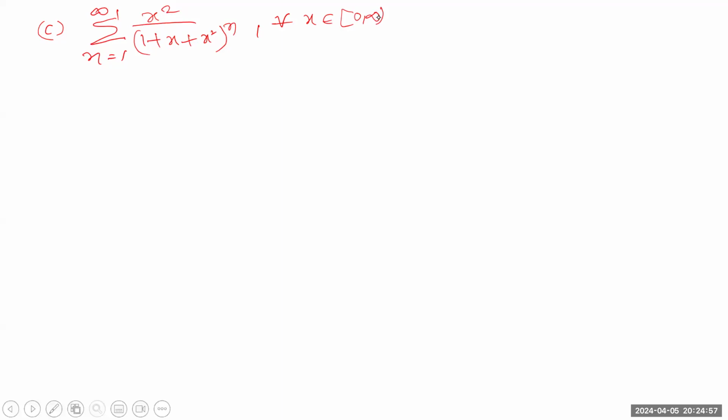This is by using the definition: the summation n equals 1 to infinity of x square over (1 plus x square) to the power of n, for all x belongs to 0 comma infinity. So what is the procedure we need to take?